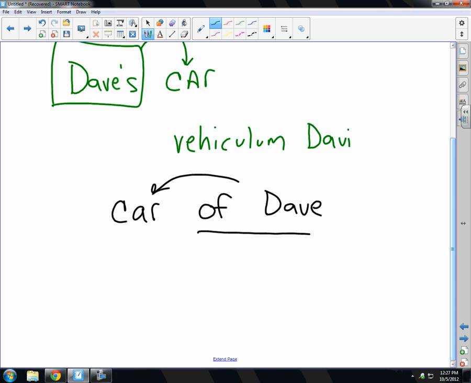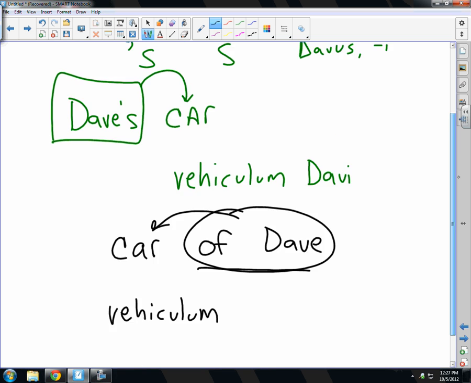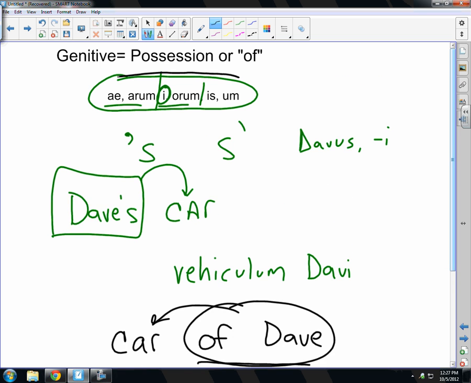So in this case, I would have vehiculum again, followed by a possessive form of Dave. Possessive in English is of Dave or Dave's. Possession in Latin is genitive. So I go up here, I look at my endings again, and I have to use a genitive ending.